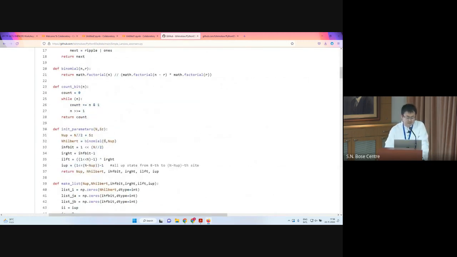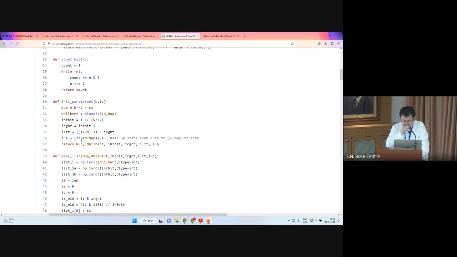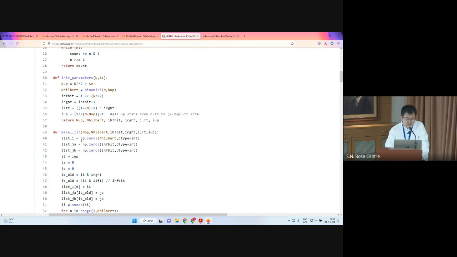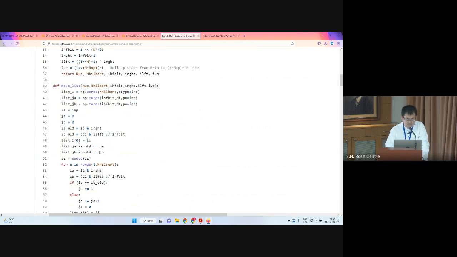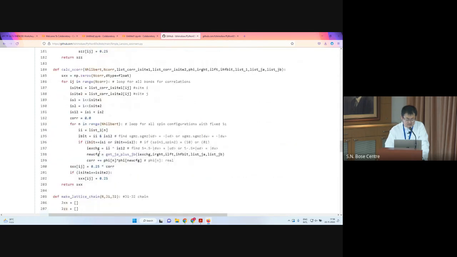By using this, you can get the number of up spins and the Hilbert space dimension size, and these are the needed parameters to make list 1, list JA, and list JB, for example. So making the lookup tables.